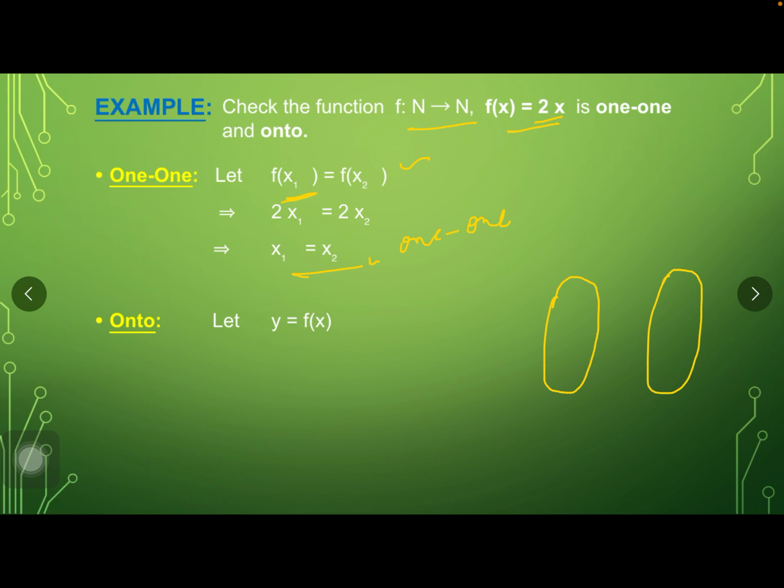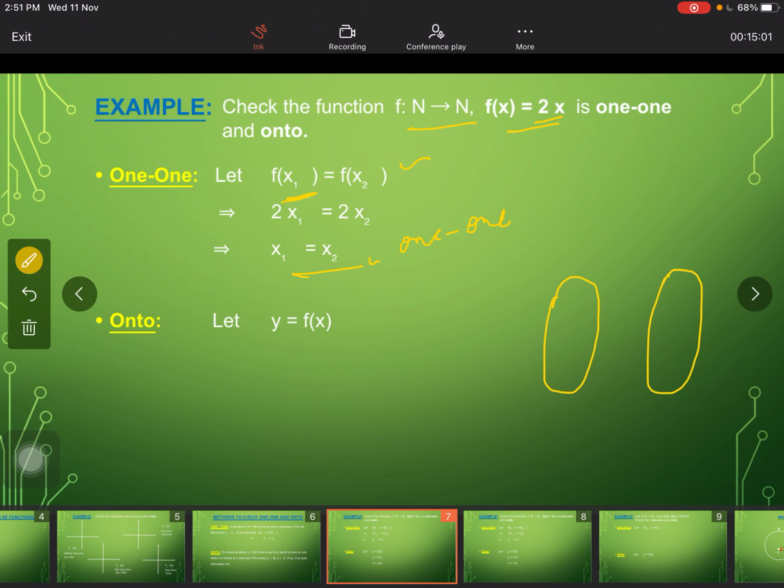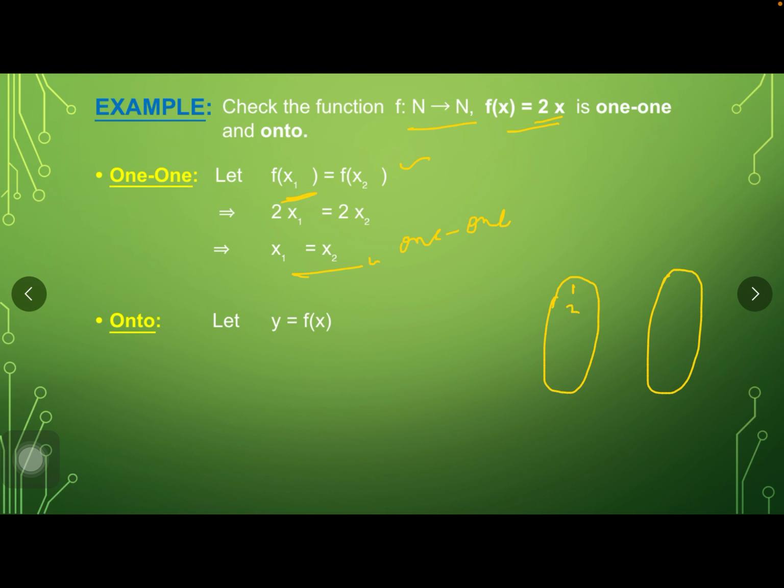Now next is onto. So how to prove the onto function? We take y equal to f(x). Practically we can see that suppose we have the elements 1, 2, 3, 4, 5, 6. So what will be the image here?